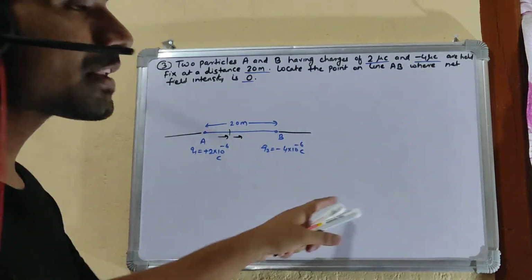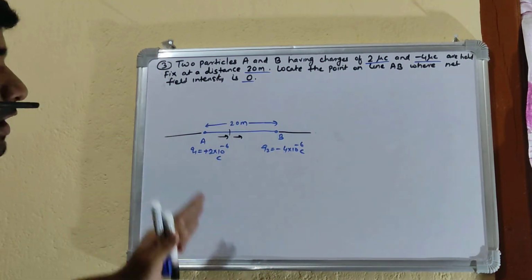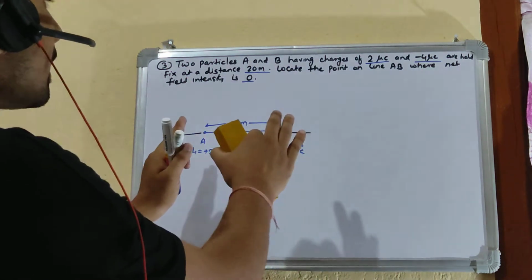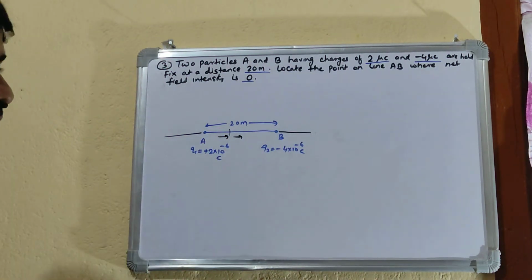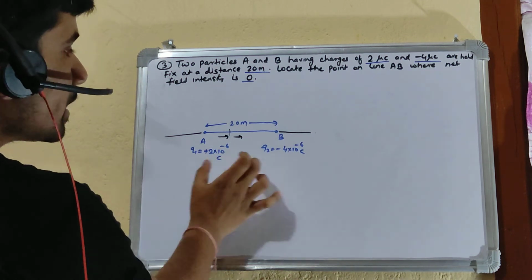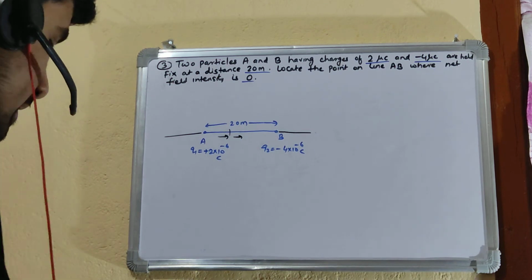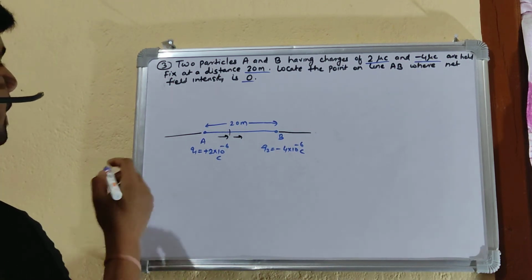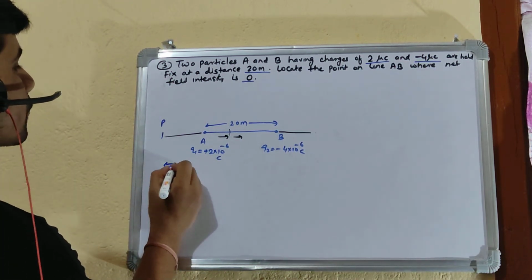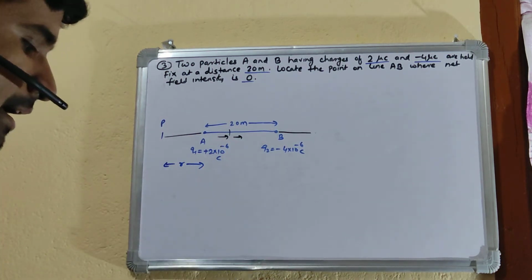So this can never make it 0. Analytically, the only possible way to get a 0 electric field intensity is to the left of A, so that the field due to Q1 and field due to Q2 can balance out each other. So let's take a point P which is at a distance R from A and calculate the value of this R.